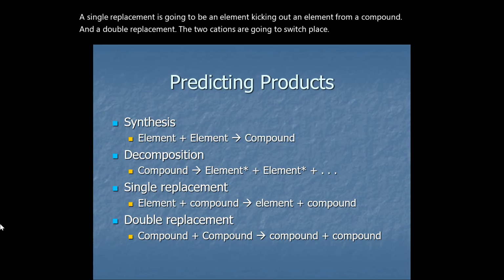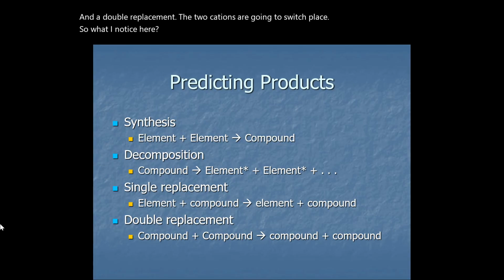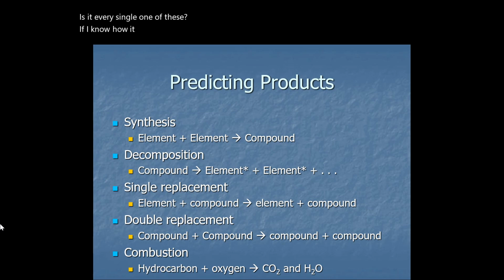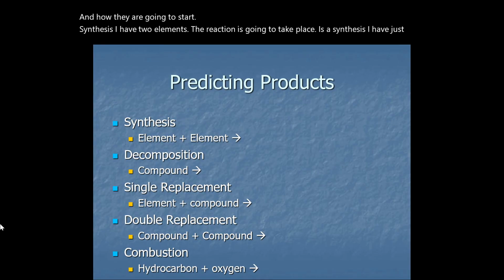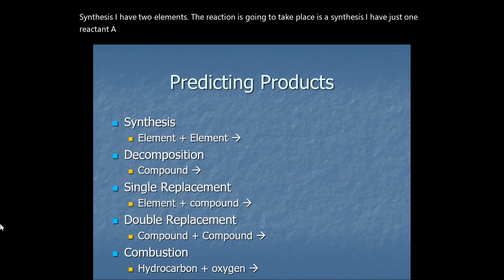So what I notice here is that every single one of these, if I know how it starts, I can tell the reaction. There's my hydrocarbon plus oxygen, I keep forgetting about combustion. If I look at how each one starts: I have two elements, the reaction is going to be a synthesis. I have just one reactant, a compound, the reaction is going to be a decomposition.